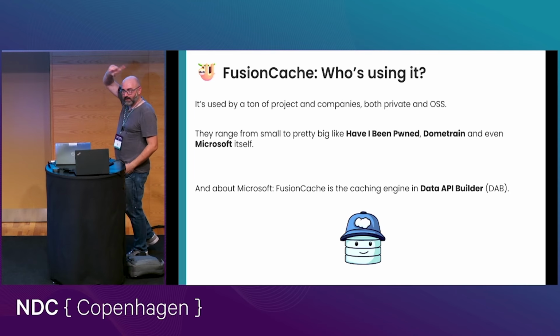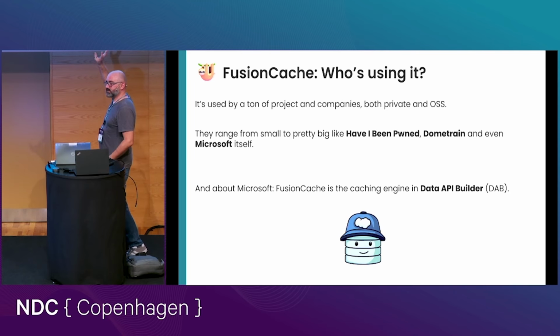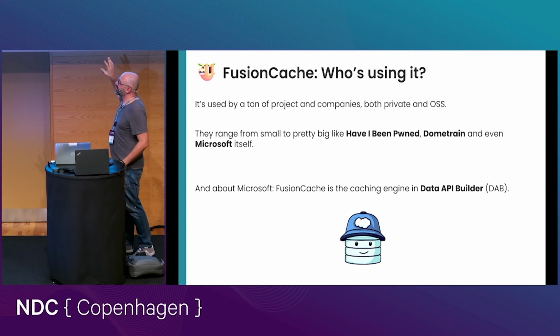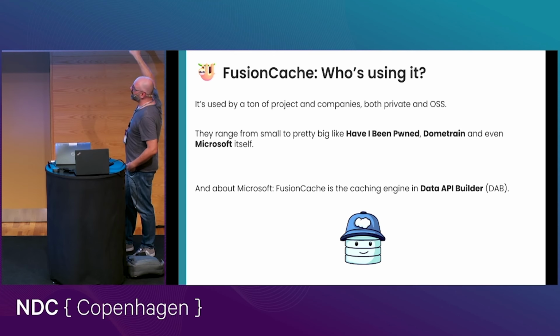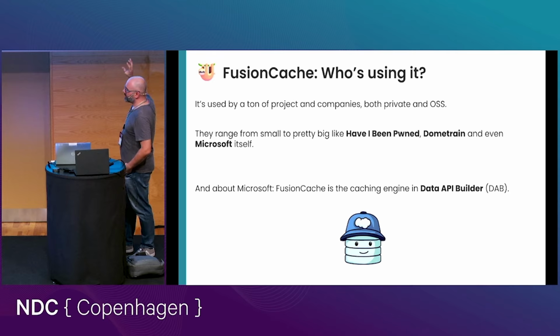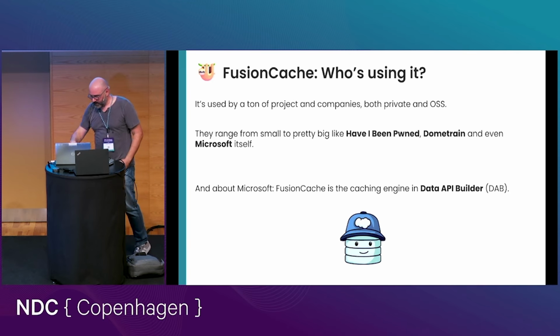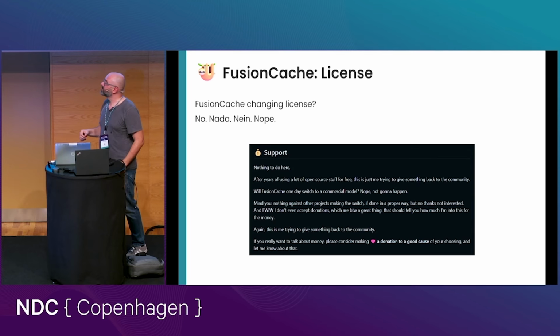Also Dometrain, the online course platform by Nick that was in the previous session, and even Microsoft itself. Microsoft is using FusionCache as the caching engine of their Data API Builder product, which is useful to create, let's say, no-code APIs, HTTP, GraphQL, stuff like that. And as the caching engine, they're using FusionCache, which is a bit of a testament.